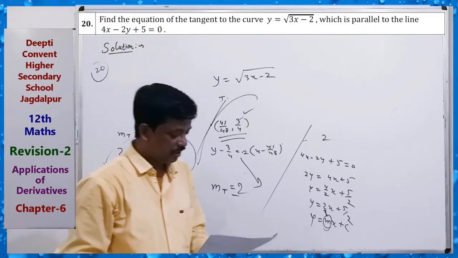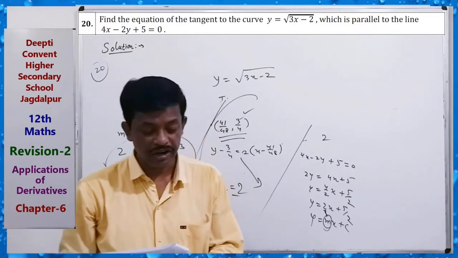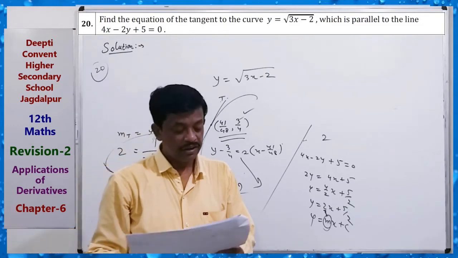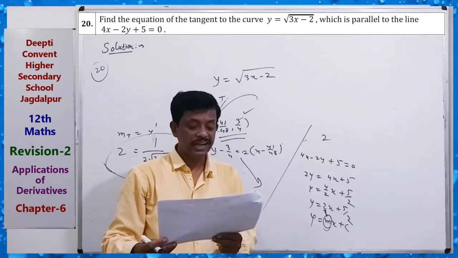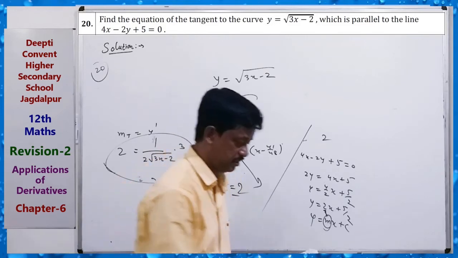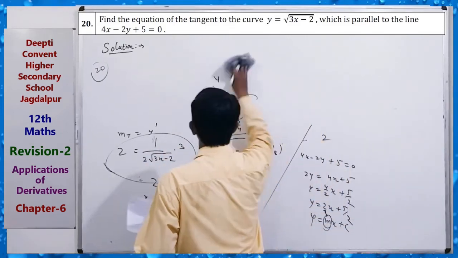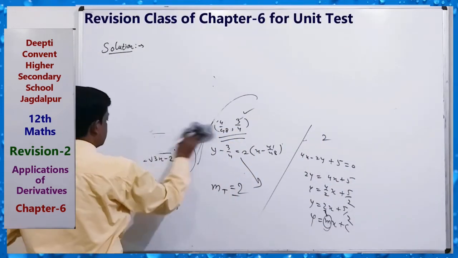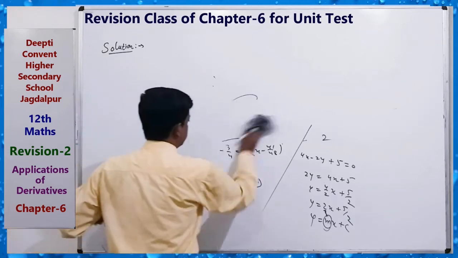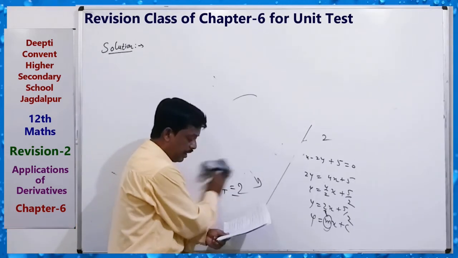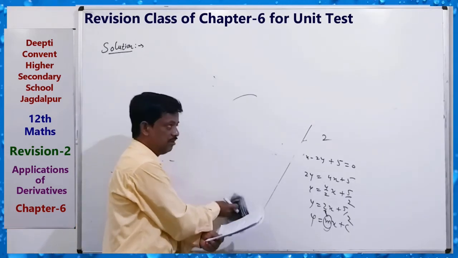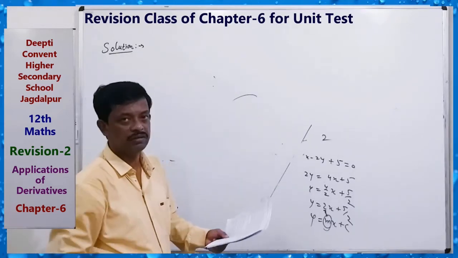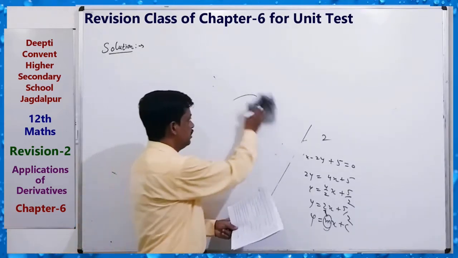Now there is question 21: the equation of tangent at (2, 3). Here we have to find the values of A and B. Take question 21.